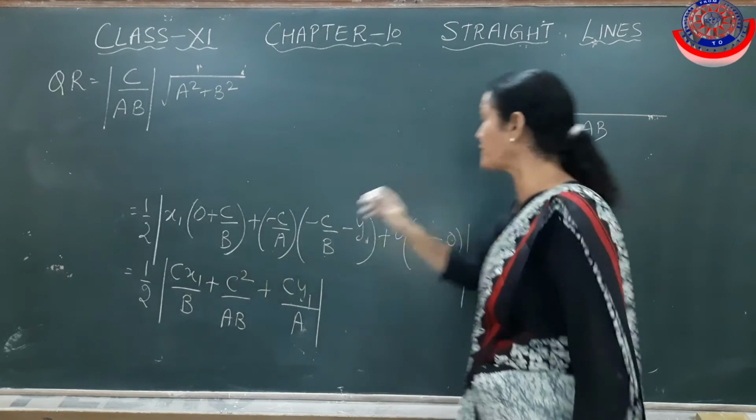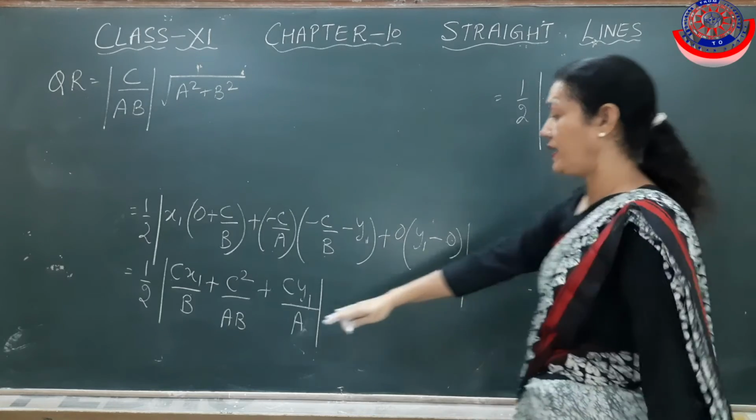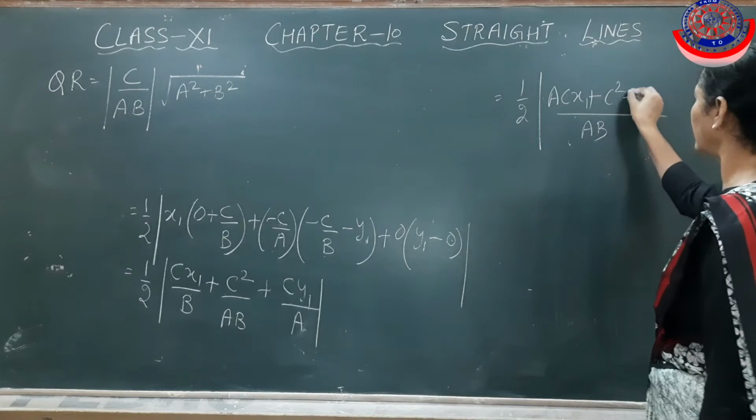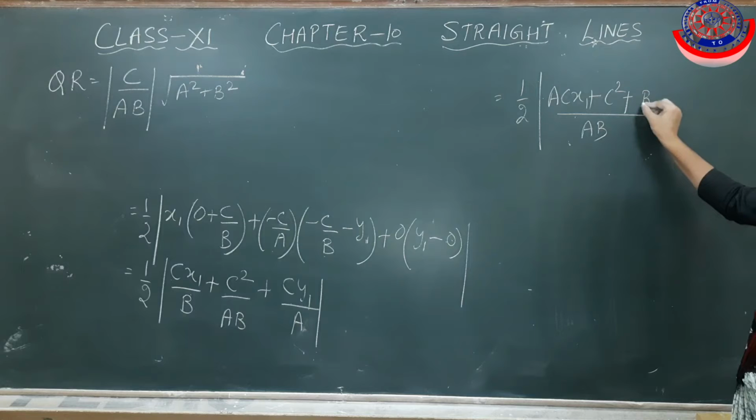So a c x1, plus ab divided by ab will give 1 only. So c square, plus ab divided by a will give b. So b c y1.